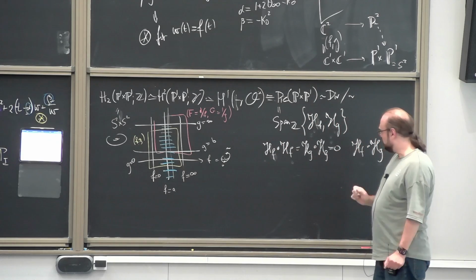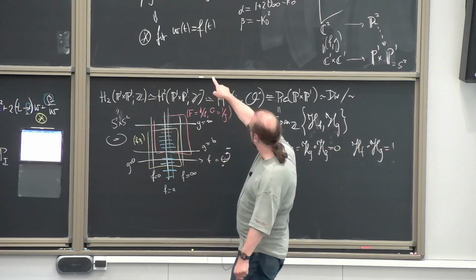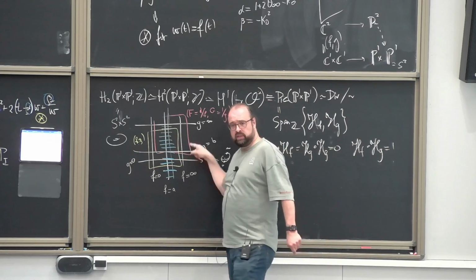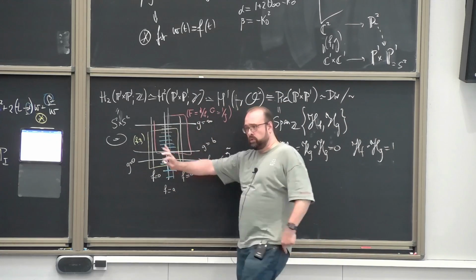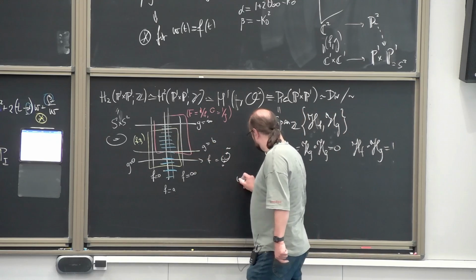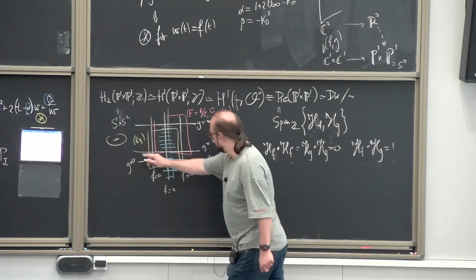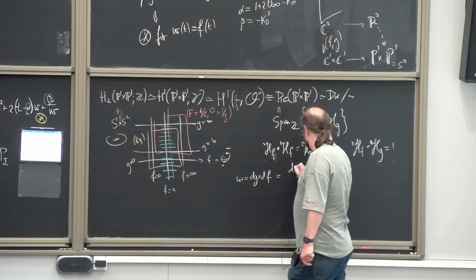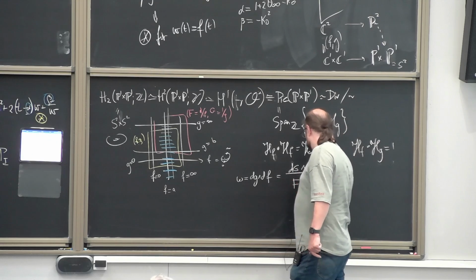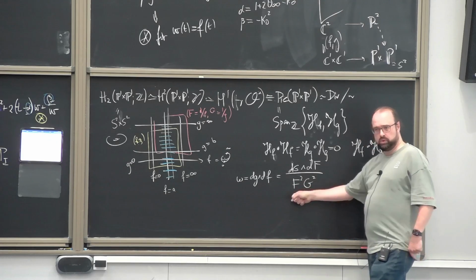Okay, so we have that, and then remember our symplectic form. Of course, it's a complex symplectic form, omega = dg wedge df, that is completely regular over here, but if you extend it to all of P1 cross P1, it starts picking up poles. So omega is dg wedge df in this chart, but it becomes dG wedge dF over F squared G squared in the other chart. So you have poles of order 2.